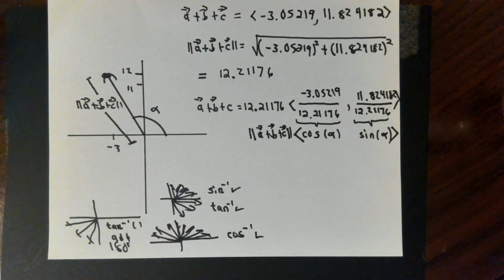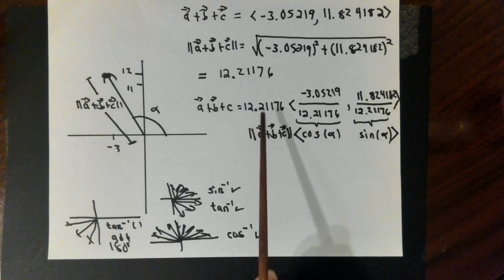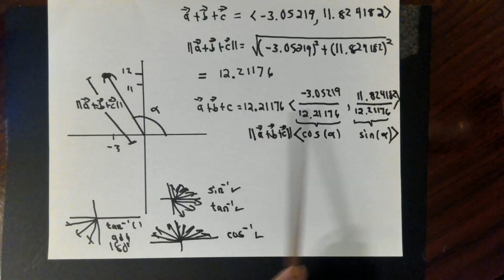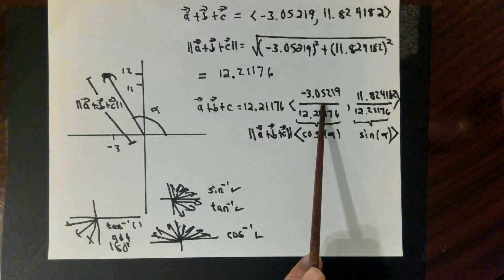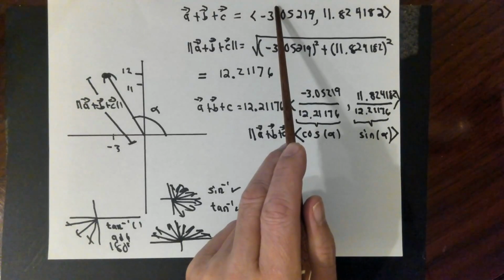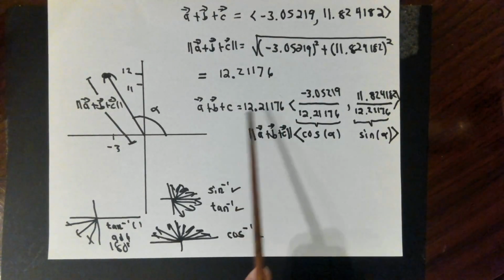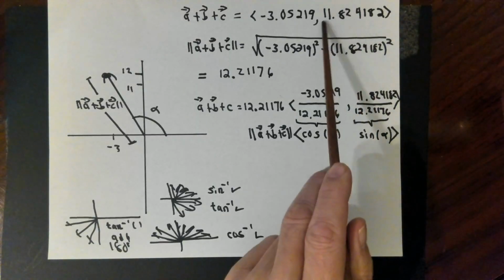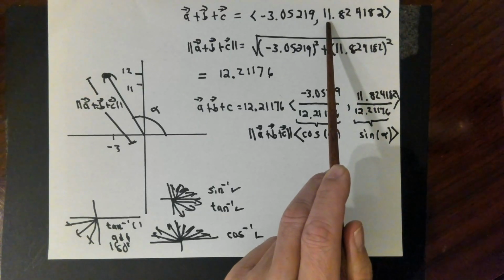If I were to simplify that, this would be this 12.21176 number times this first bit. The 12.21176 would cancel out, giving me the first number in a plus b plus c, and likewise, this number times that number is 11.824182.